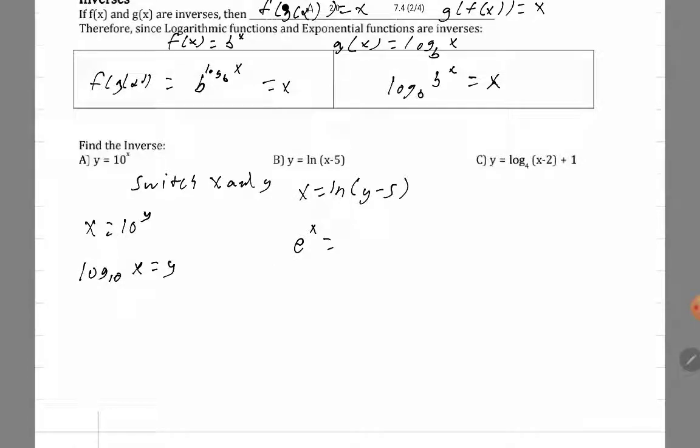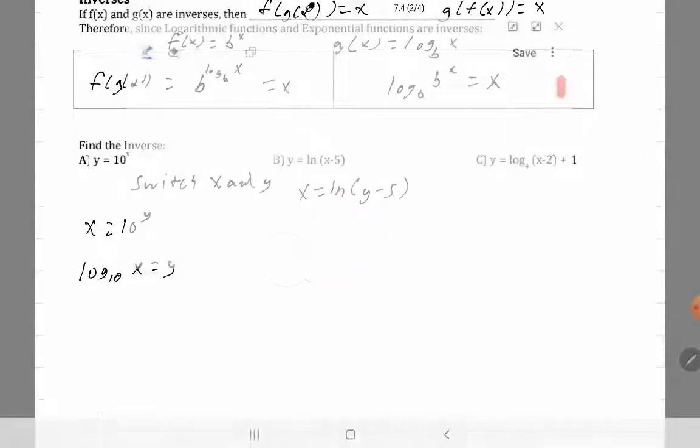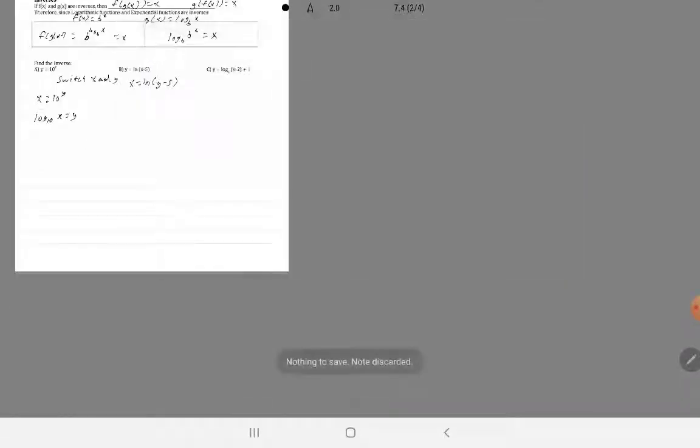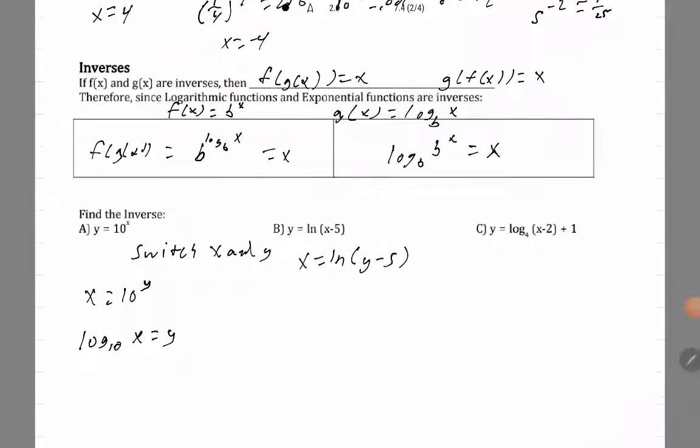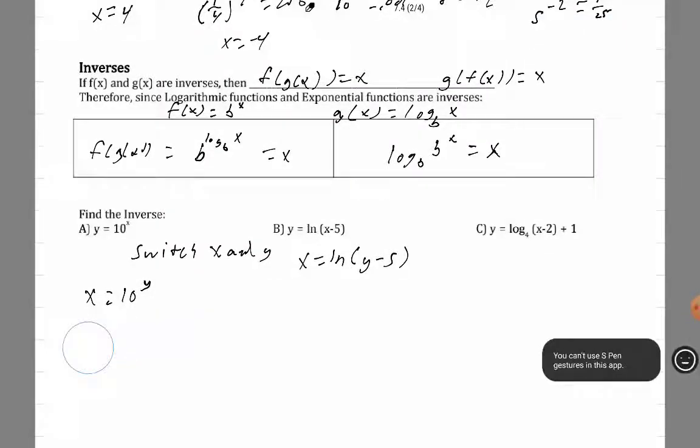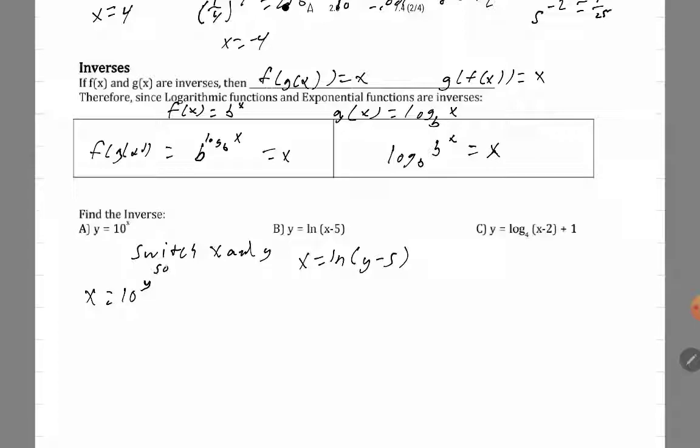Sorry. Okay. So we're trying to solve for y. So switch x and y, and then solve for y.